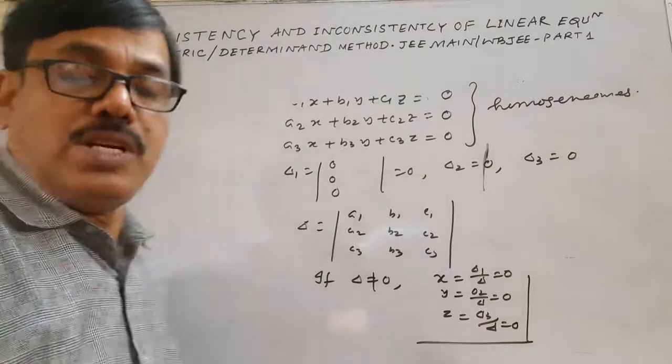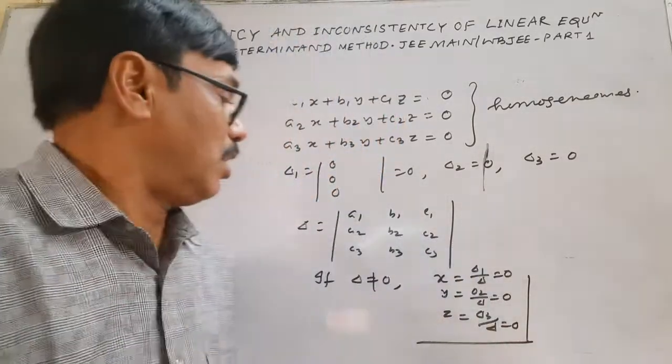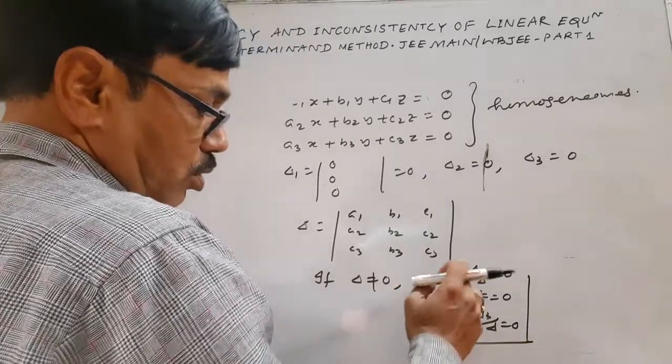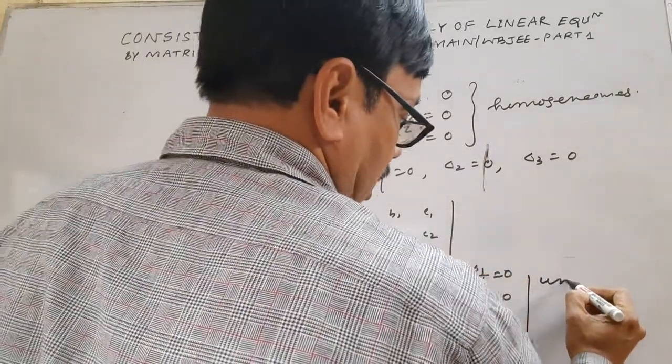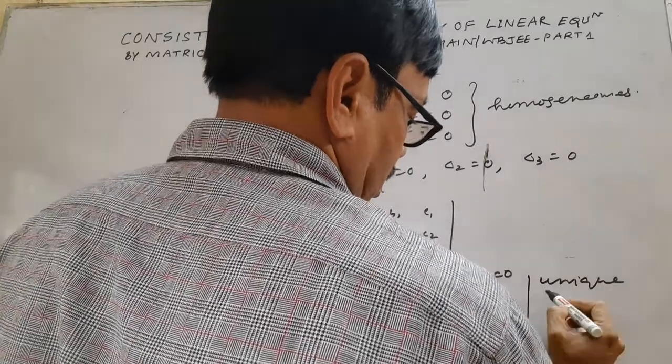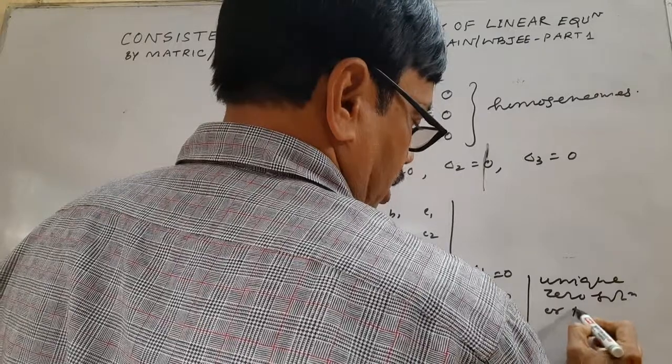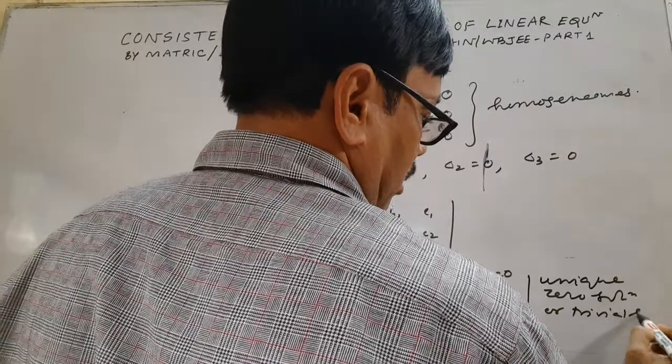So for a homogeneous equation, if delta not equal to 0, we get x0, y0, z0. Unique, this is called the unique zero solution. It is also called the trivial solution.